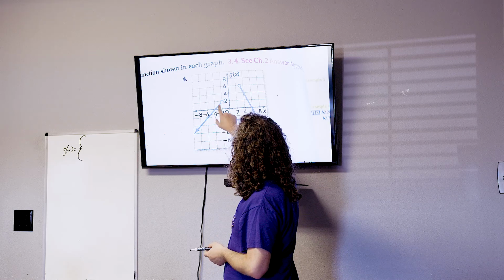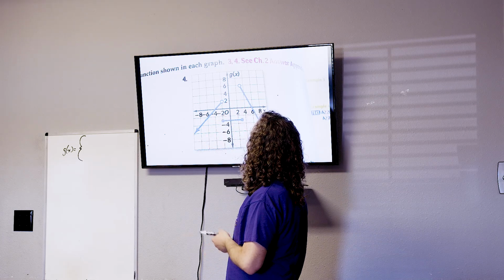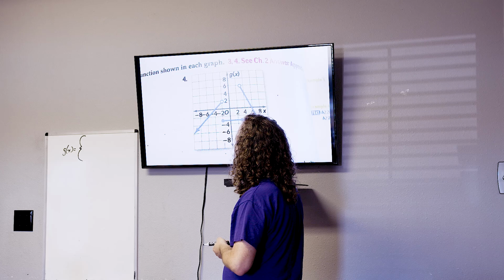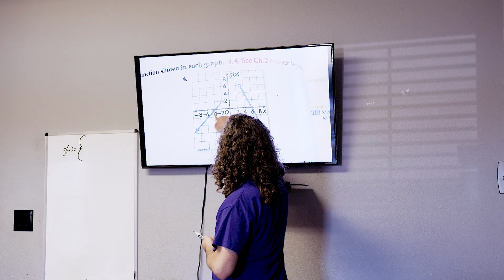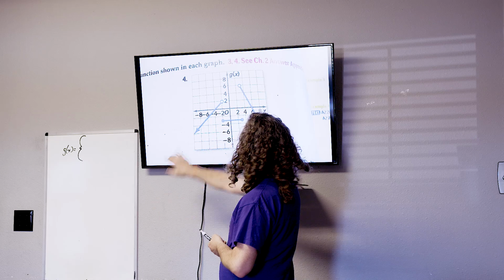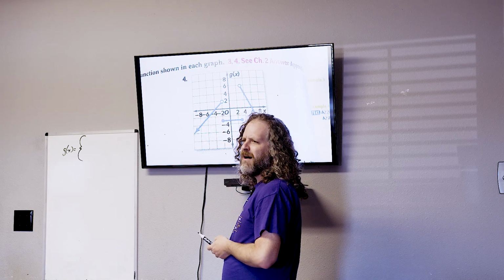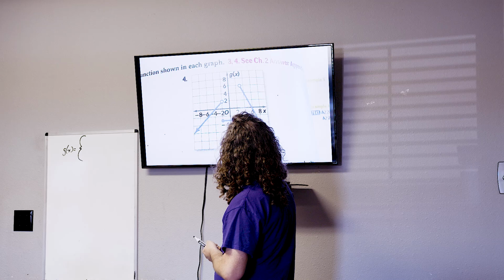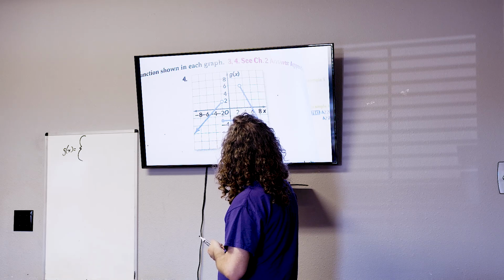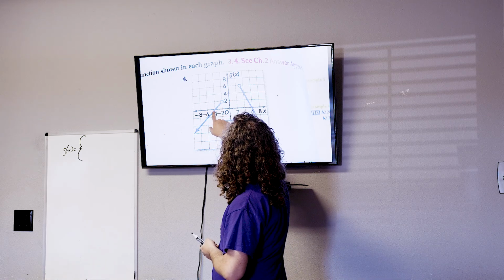What's the slope of the first chunk? It's clearly negative something, yeah? It's going down and over. Oh, just kidding. It's going up. Let's see, 2 and 4, 2.